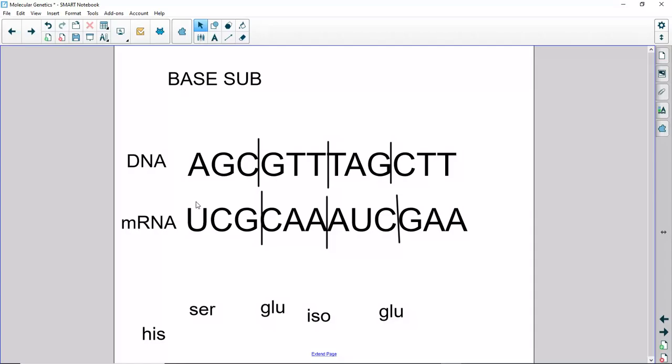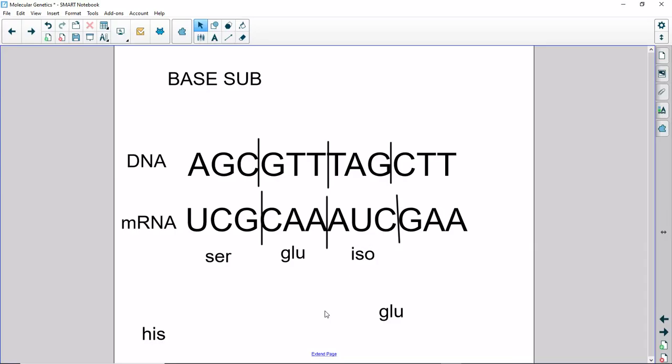In a normal sense, AGC is going to give you that codon, and this codon, which, if you read the table, and you should, UCG hooks up with serine, CAA hooks up with glutamine, GLU, and AUC is isoleucine, and a GAA.